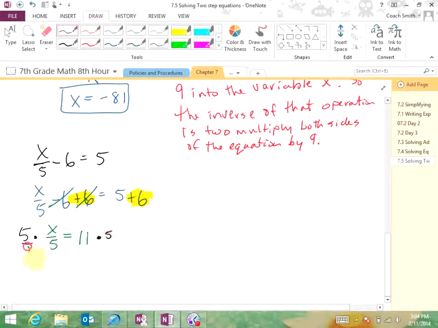Now remember, that's just over 1. That's why we can cancel those two 5s. And that means I have x is equal to what? Which is 55.